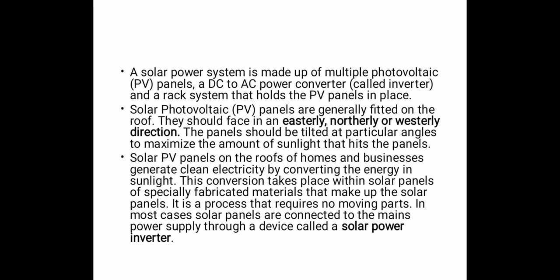The solar power system is made up of multiple photovoltaic panels or PV panels, then a DC to AC power converter, also called an inverter, and a rack system that holds the PV panel in place. PV panels are generally fitted on the roof.